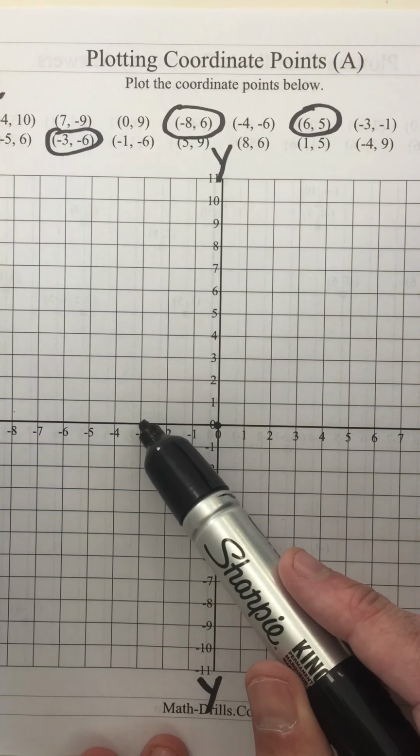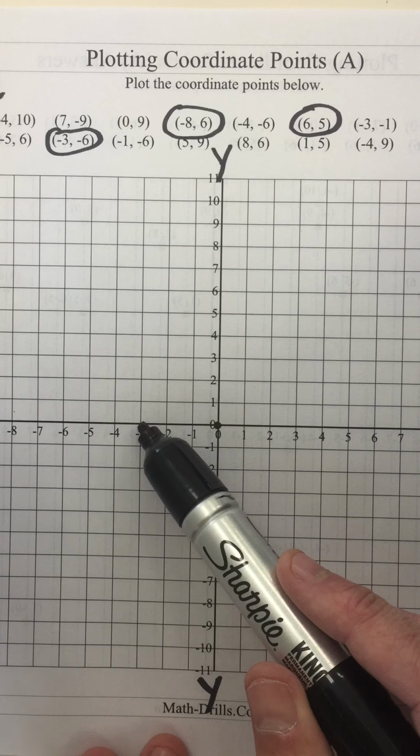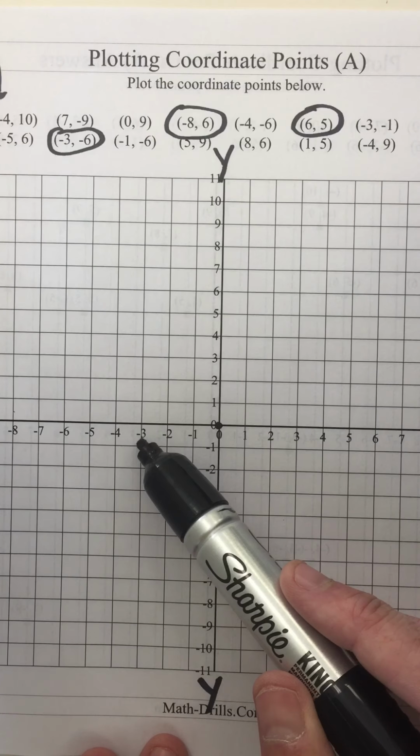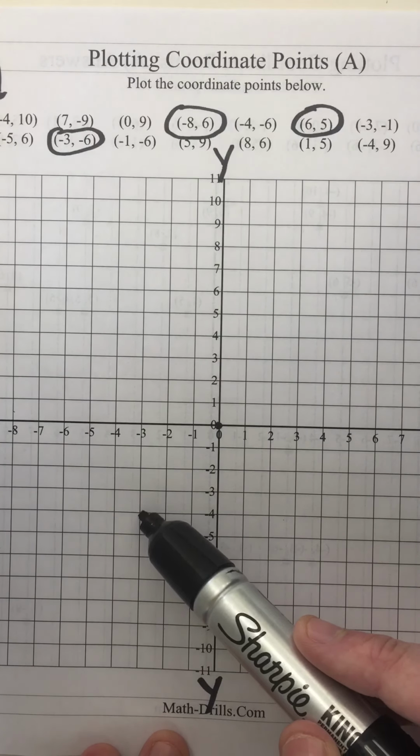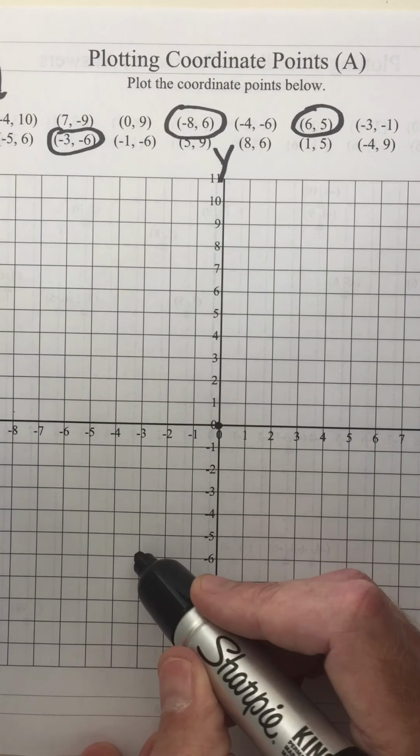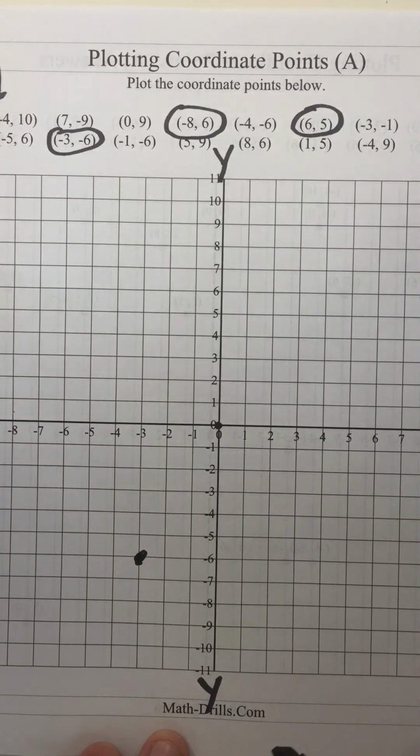So here's where I'm at. I'm at -3. I have not marked it yet. I just know that that's how far it is to the left if it says -3. The second number is -6. Now we know the negative numbers are down, so I go down 6. 1, 2, 3, 4, 5, 6, and I mark it right there.